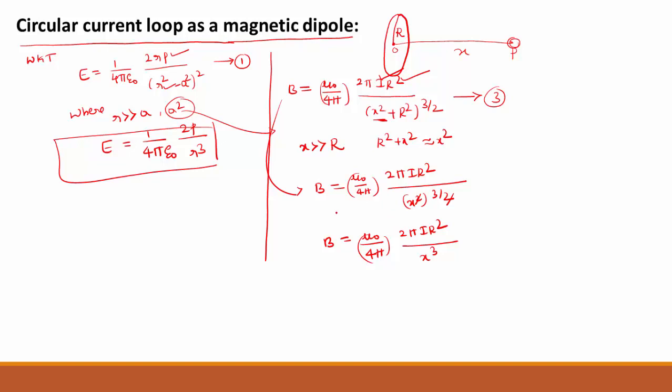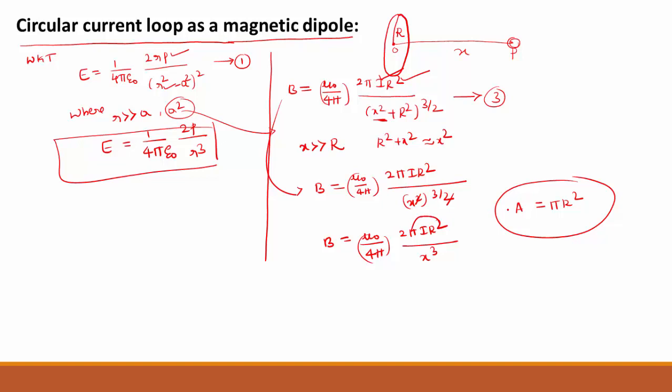Here in this equation, we know the formula: the area of the loop A is equal to pi r square. How do we find the area of this loop? That is A is equal to pi r square.